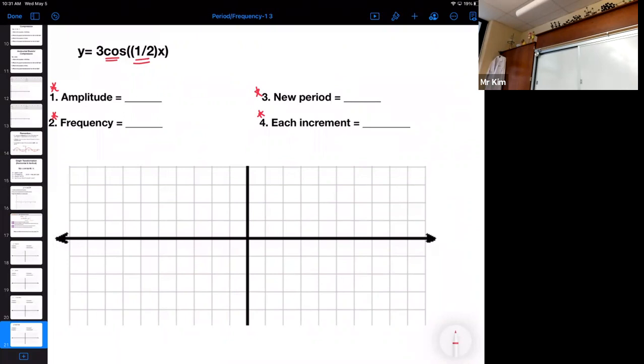Increment is always your x scale. Oh, I'm sorry, yes, that's fine. But then x min and x max correspond to the new period now. So x min would be the negative new period, and x max would be the positive. Because your window is not set up correctly.